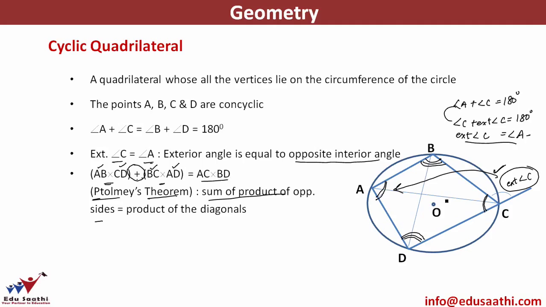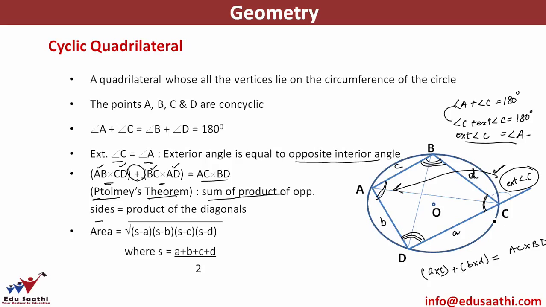So if you have the opposite sides, let me call this A, this B, this C, sorry, this will be A, and this will be D. So if you know A into C, which is the opposite side, plus B into D, it will be equal to the product of the lengths of the diagonals AC and BD.